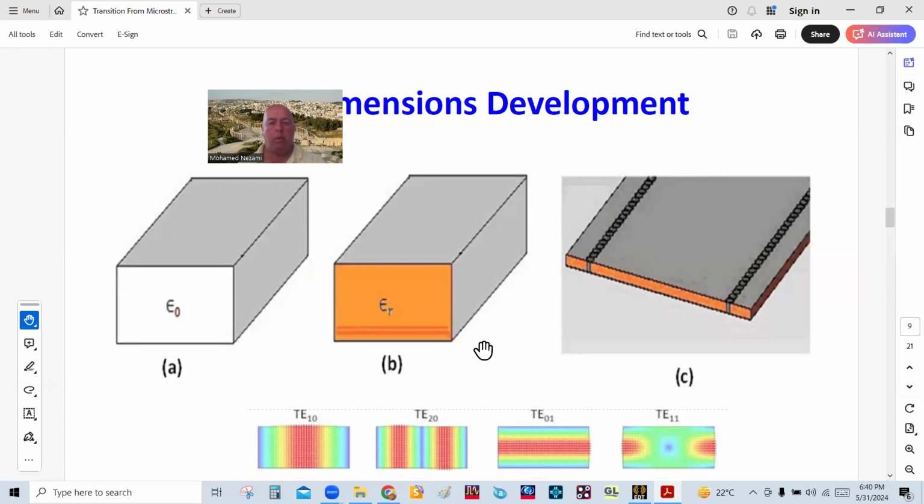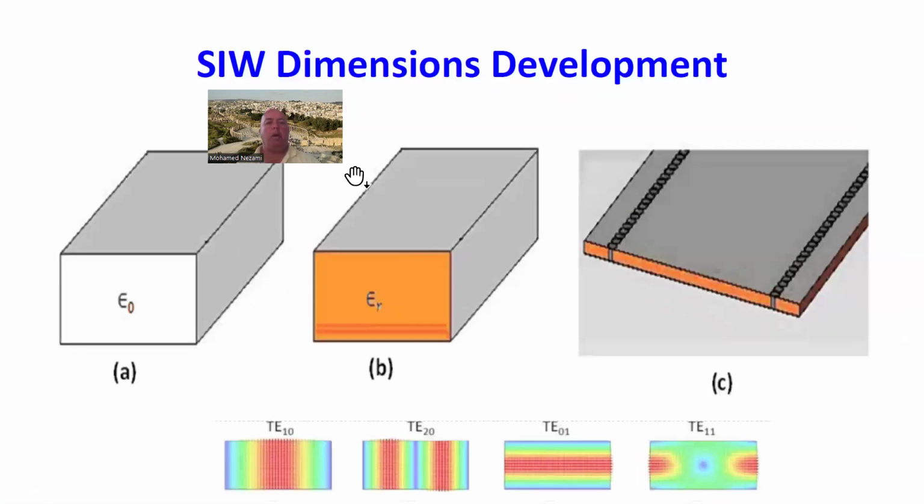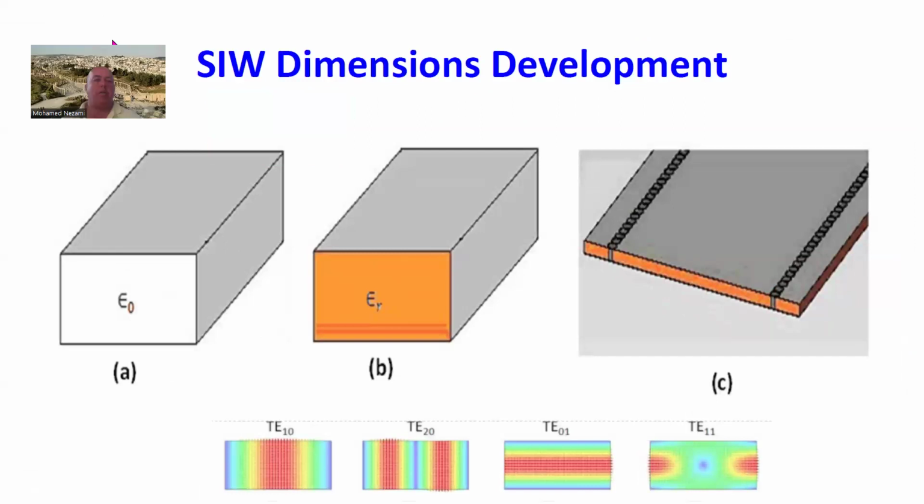Okay, so right now we do an exercise where we show how we're going to design a substrate integrated waveguide for a specific frequency of operation, and then compare that to how, equivalently, we have to design this based on the dimensions of a conventional waveguide, by intermediate transition to a dielectric filled waveguide, okay.